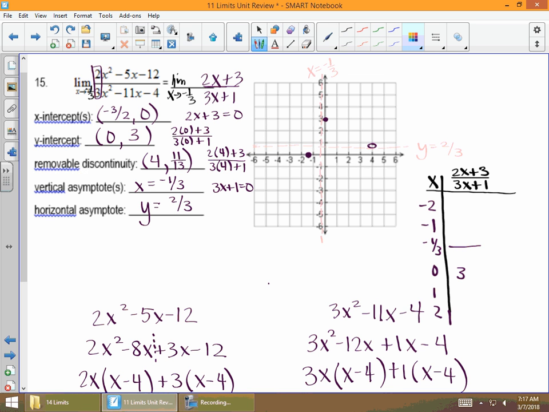So when I put -2 in, 2 times -2 plus 3 over 3 times -2 plus 1. So -4 plus 3 is -1. -6 plus 1 is -5. So at -2, y is 1/5, just on the other side of the x-axis. -1, let's see if I can squeeze it in here.